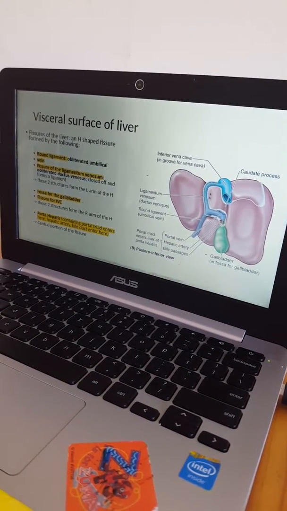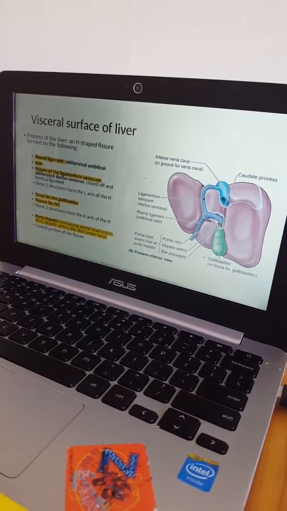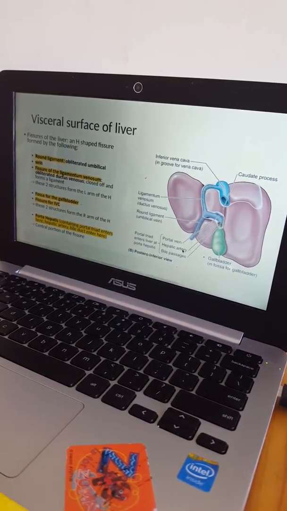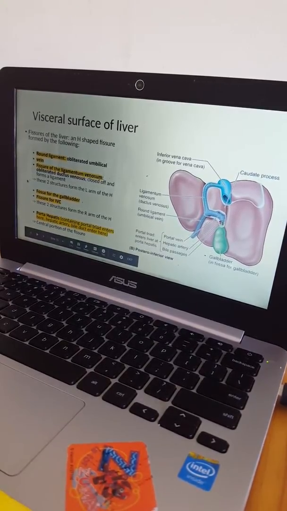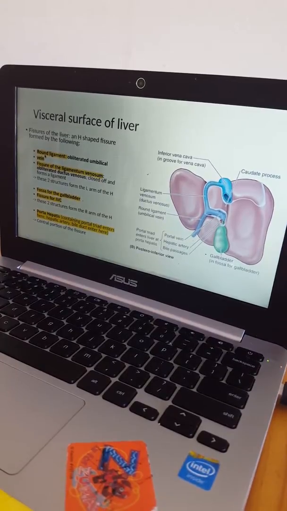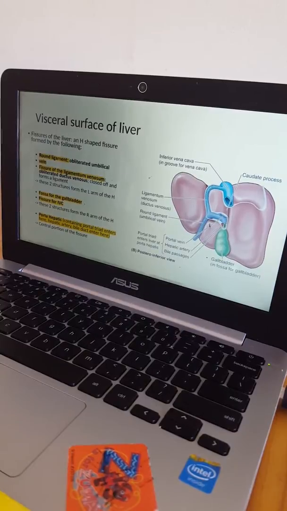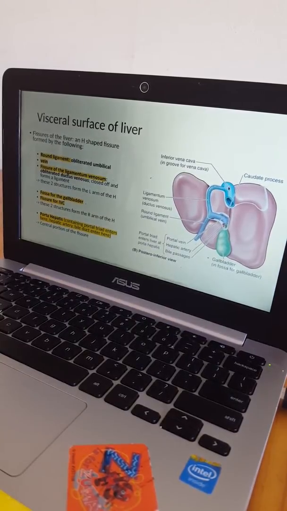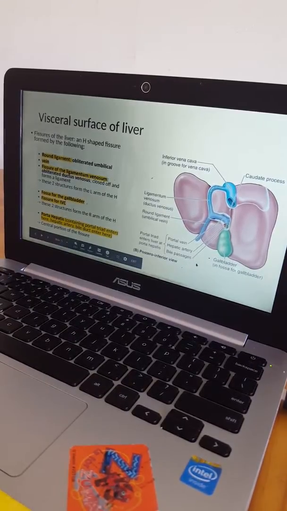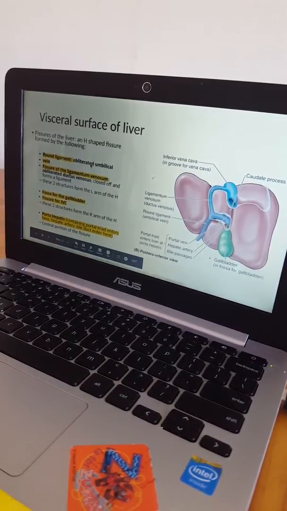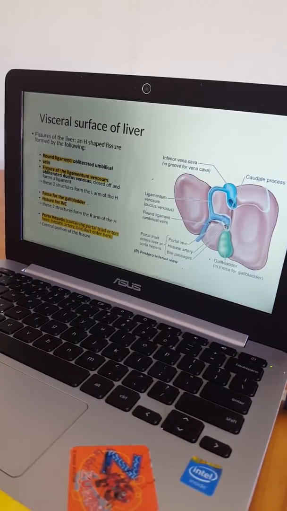So we have the H-shaped fissure. You can see the picture, H, this is the vertical, this is the vertical, and this is the horizontal. So it becomes an H. So how does it form? This is a very important question in the viva. Like, how does the H fissure form in the liver, and with which parts of the liver? So this is the round ligament, so it forms one limb.